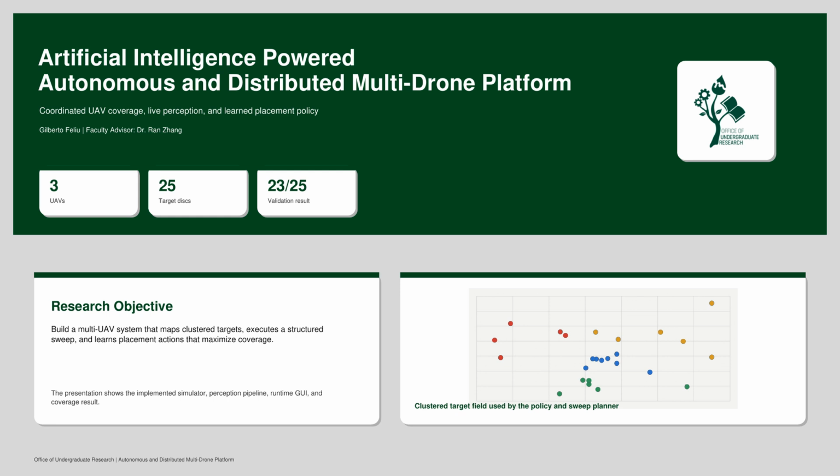The objective is to create a pipeline where the drones scan the environment, build a target map, and use a learned policy to decide where the drones should be placed for better coverage. The current validation result is 23 out of 25 disks covered, or 92%. That gives us a realistic baseline for improving the system with live perception and replanning.